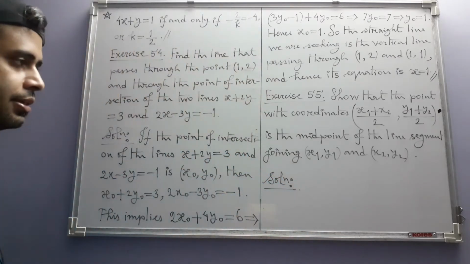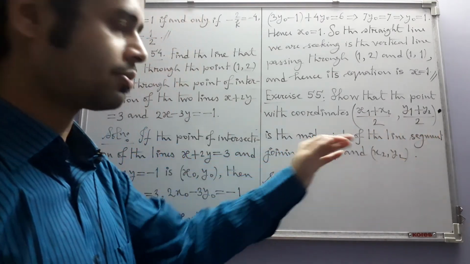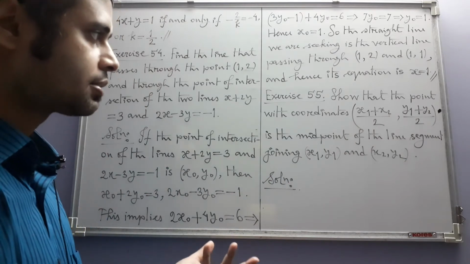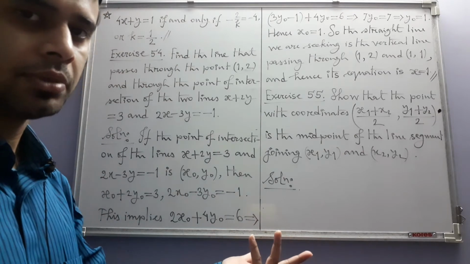So we just need to calculate the distance between this point and any one of these 2 points. If that turns out to be half of the distance between these 2 points, then it becomes the midpoint.